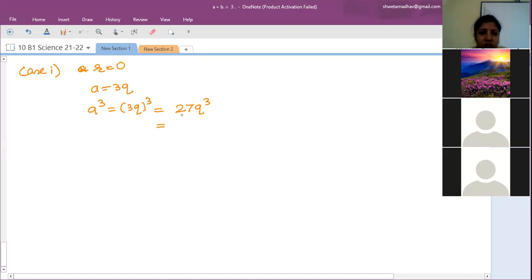So 27 we have to show in the form of 9m. Therefore we take 9 common from this. 27 is divisible by 9. So 9 times 3q cube. We can consider this as 9m, where m is 3q cube.